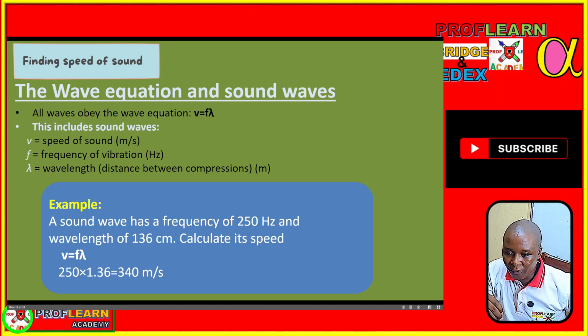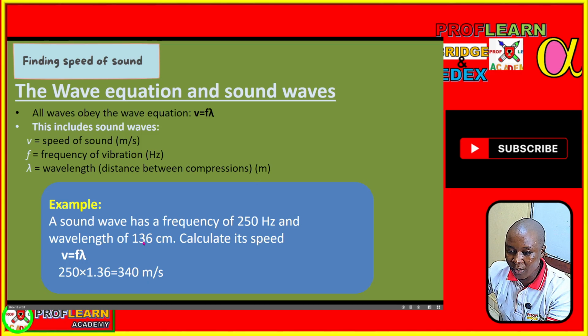A sound wave has a frequency of 250 hertz and a wavelength of 136 centimeters. You cannot use these centimeters the way they are. You have to convert the units of wavelength, or the distance between the compressions, which represents the wavelength, into meters.